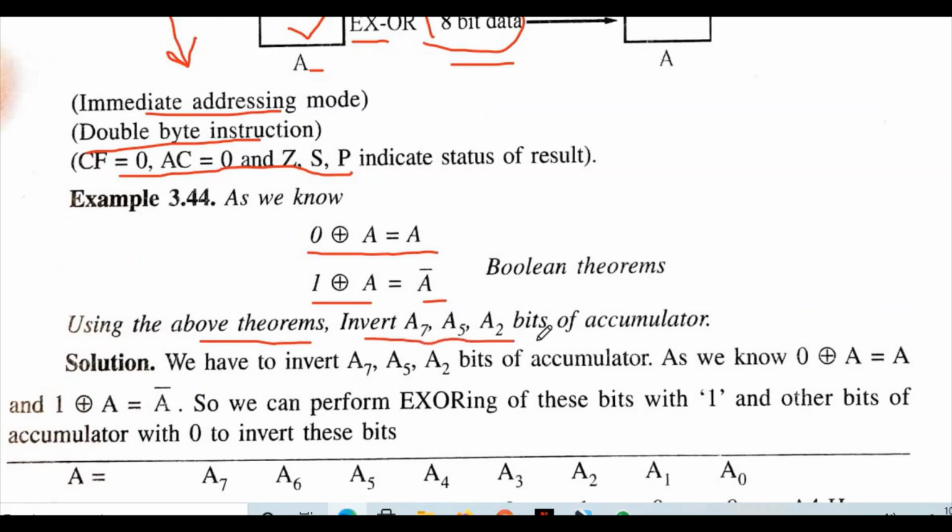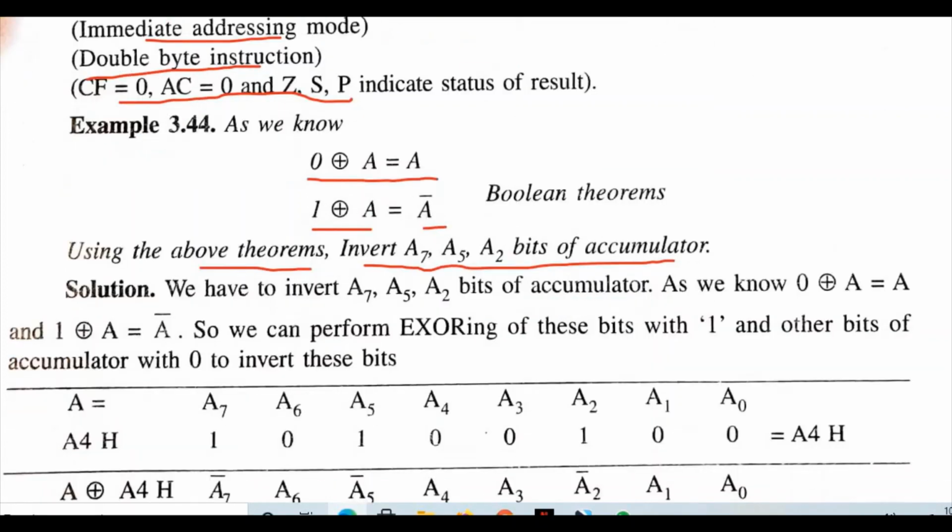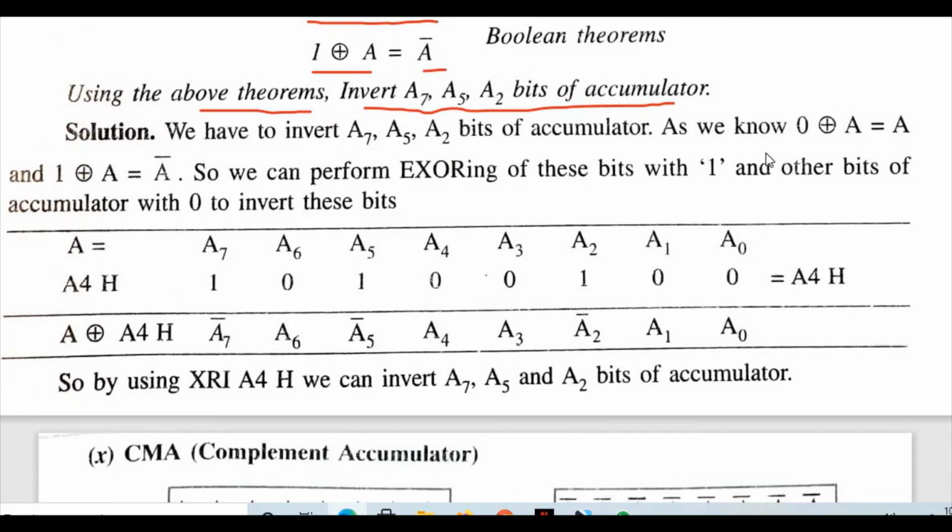So I'll do the exclusive OR of the accumulator with 1 where we have to invert the bit, and we will do the exclusive OR with 0 for the bits we do not have to invert. Here in this problem we have to invert A2, A5 and A7. So we will take 1, 1 and 1, and the remaining bits will be 0.